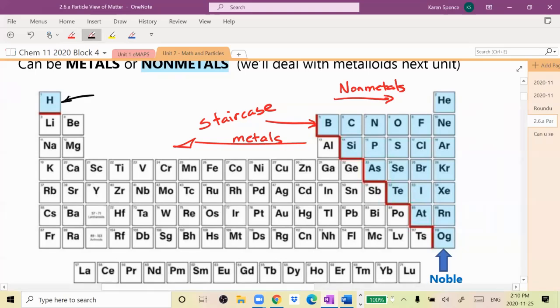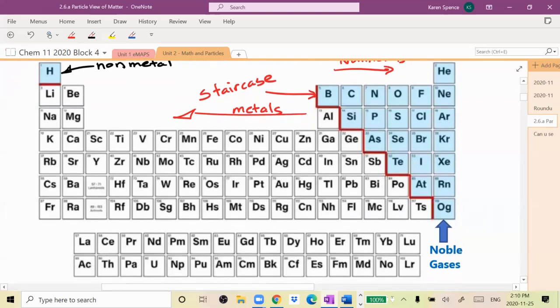Hydrogen is special. Hydrogen is a non-metal. So if you're looking at the non-metals, they're all on the right-hand side, except for hydrogen, okay? And any periodic table I give you will have the staircase on it, okay?